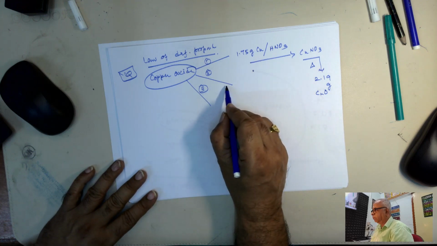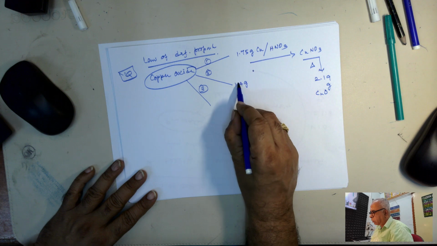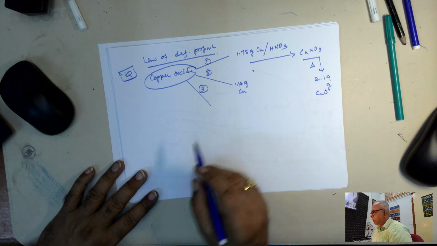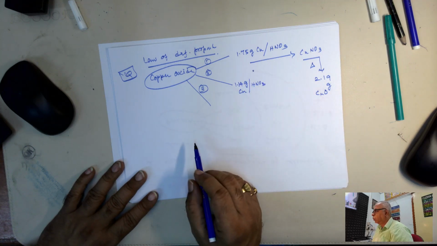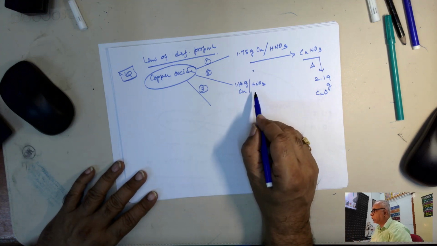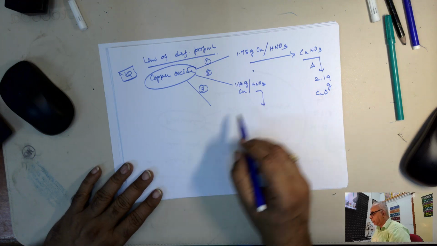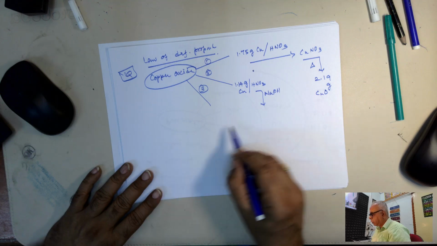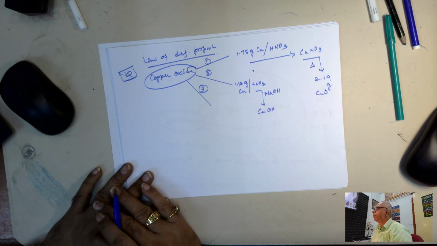Now in the second method, 1.14 gram of copper was taken and dissolved in the same nitric acid, and it was precipitated as copper hydroxide by adding caustic solution, that is NaOH, so that you are able to get copper hydroxide.